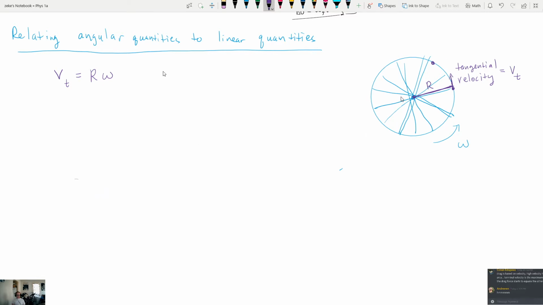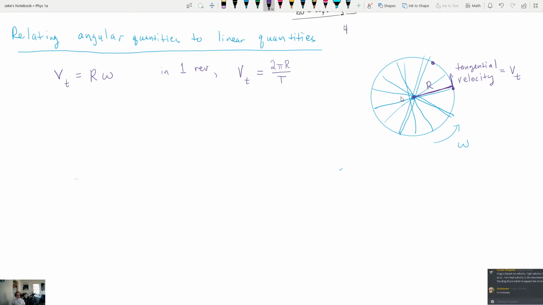So, for example, in one revolution, we know that the tangential velocity, because it's a linear speed, is equal to the circumference of the circle, 2 pi r, divided by the time that it takes to go through one revolution, which we call the period.